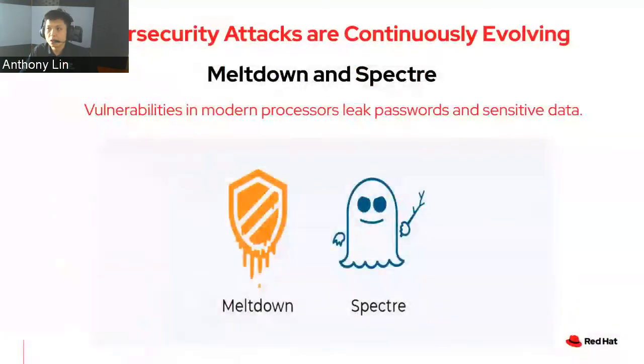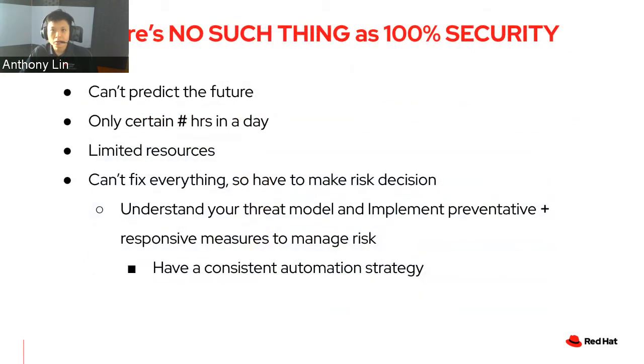So let's begin. As we all know, security attacks are continuously evolving. To name a few, you have Meltdown and Spectre, vulnerabilities in modern processors leaking passwords and sensitive data. There's really no such thing as 100% security. We cannot predict the future, and we only have a certain number of hours a day.